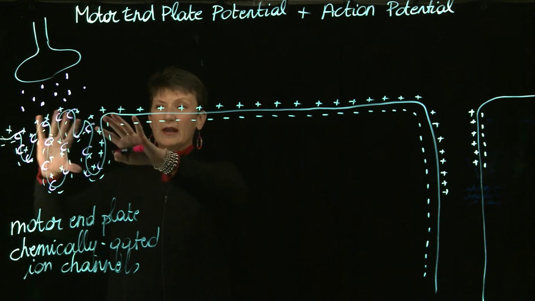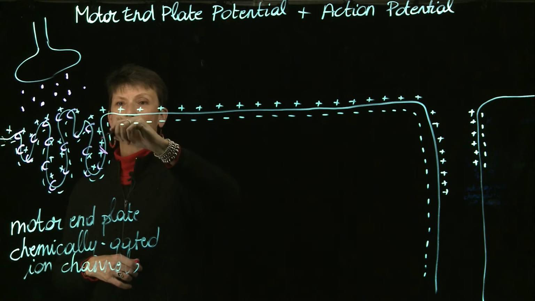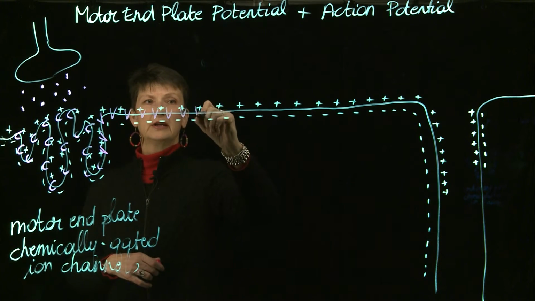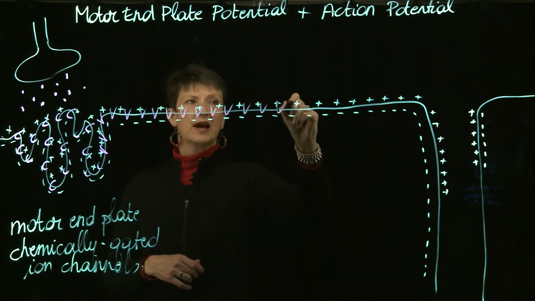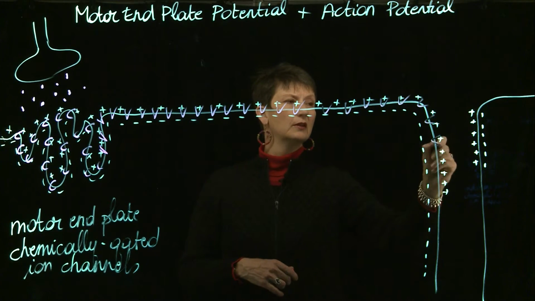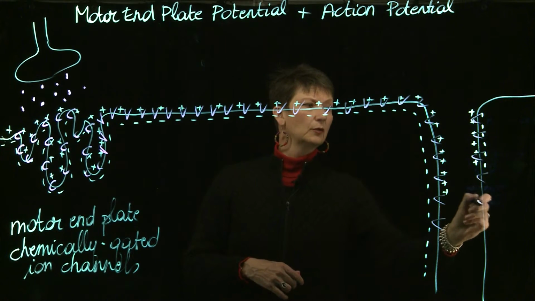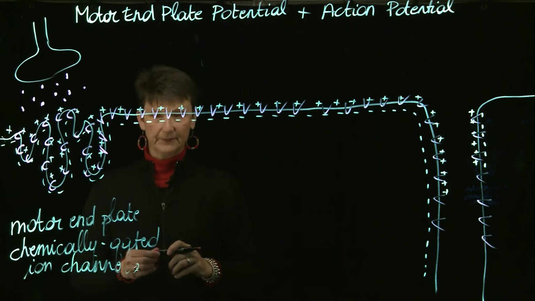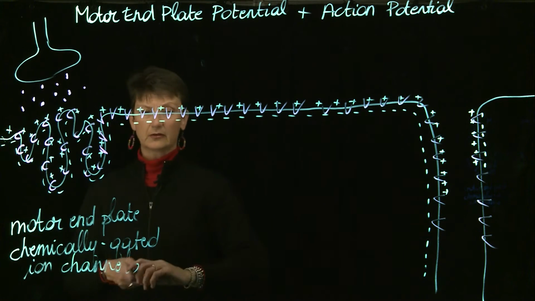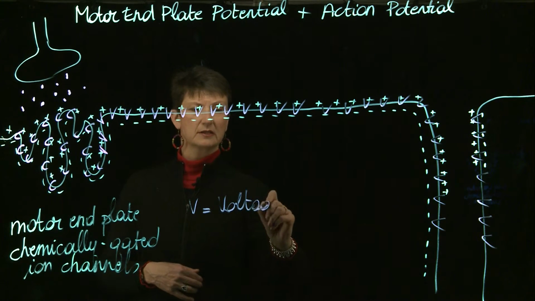As we get away from that motor end plate, we're going to see more and more of a different type of ion channel, which we call a voltage-gated ion channel, all the way down the T-tubules. And they're very crowded. And they're located, again, in the membrane of our muscle cell, better called the sarcolemma. So these V's are representing our voltage-gated ion channels.